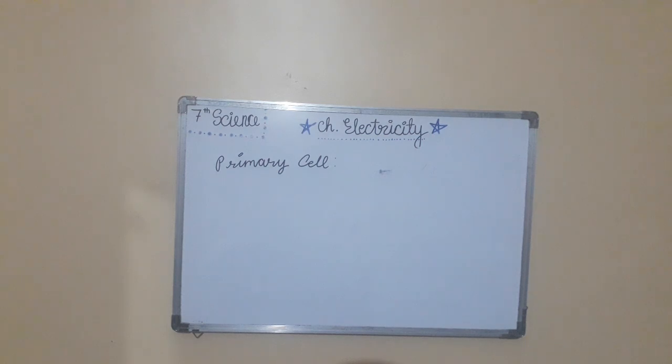Now dry cell. We normally use these dry cells in torches, transistors, radios, toys, clocks and many other things. Construction. A dry cell consists of various layers. Layer 1 is a cylindrical container made of zinc. Layer 2 is a paper pulp soaked in solution of ammonium chloride.